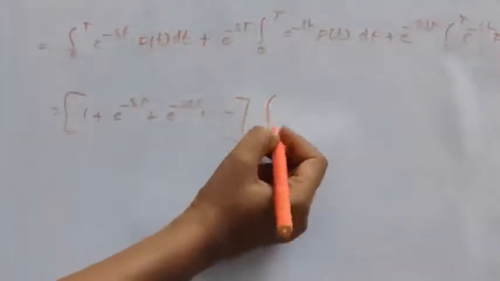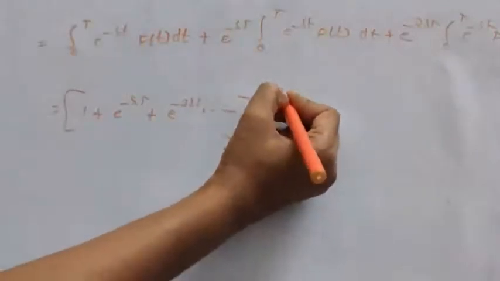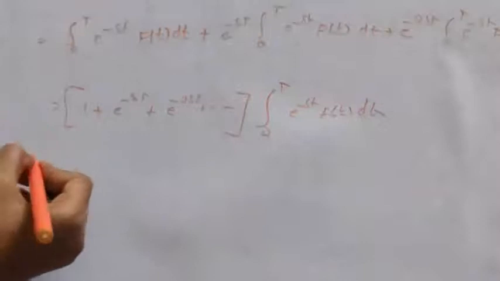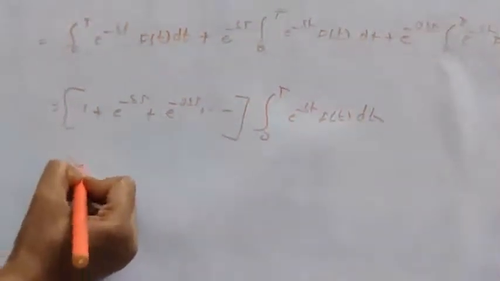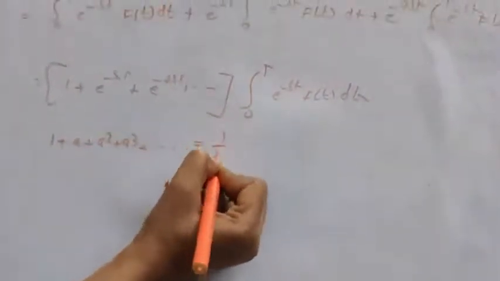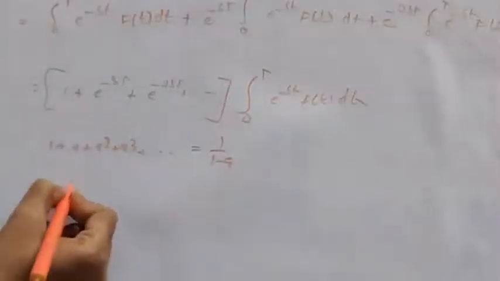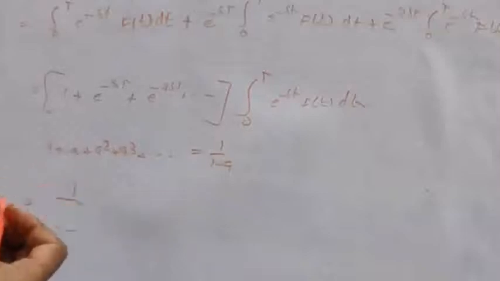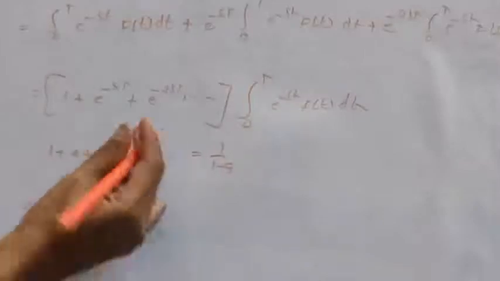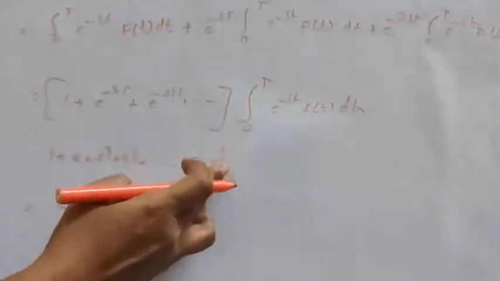The common term we have taken is integral 0 to T of e power minus st f of t dt. Now, since we know 1 plus a plus a square plus a cube and so on is equal to 1 by 1 minus a, similarly the above series can be written as 1 by 1 minus a, where a is nothing but e power minus sT.